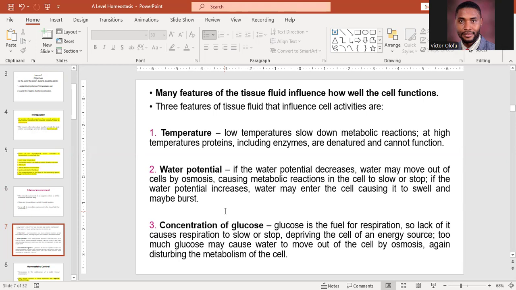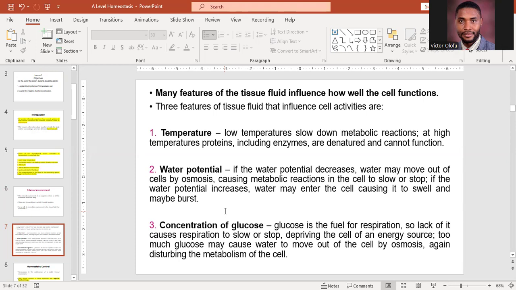Let me use three physiological factors and how they can affect the function of the cell. The temperature. Low temperature slows down metabolic activities, and at high temperature, proteins, including enzymes, are denatured and cannot function. Then the water potential.